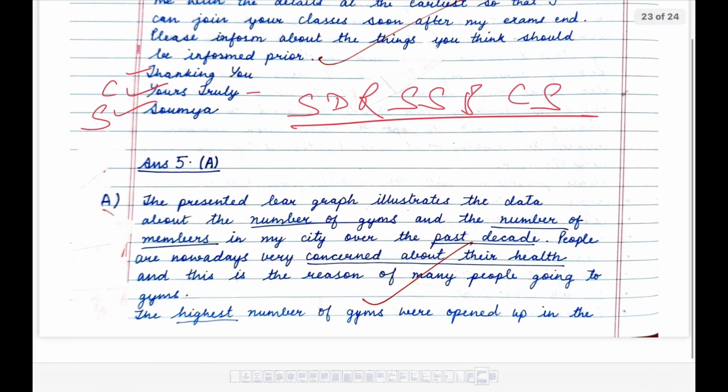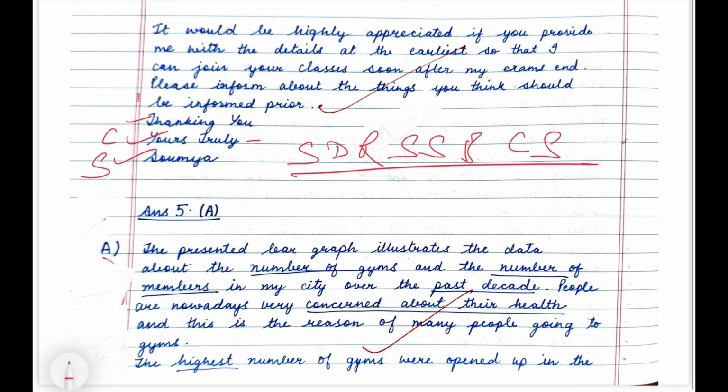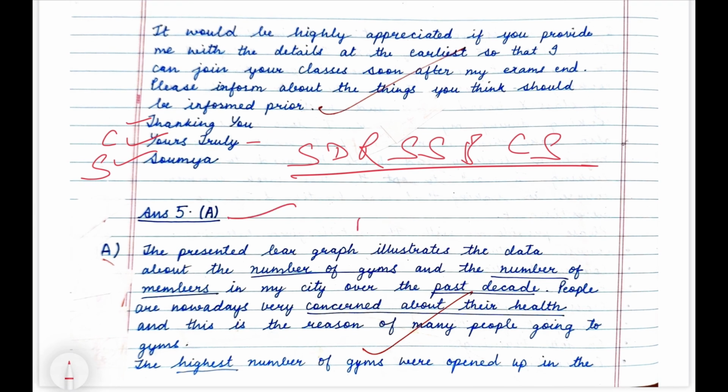Now this one is related to question number 5, that is once again of writing skills, and this is an analytical paragraph. So it is a bar graph. The presented bar graph illustrates the data about the number of gyms and number of members in my city over the past decade.